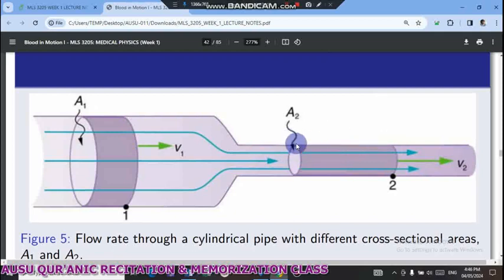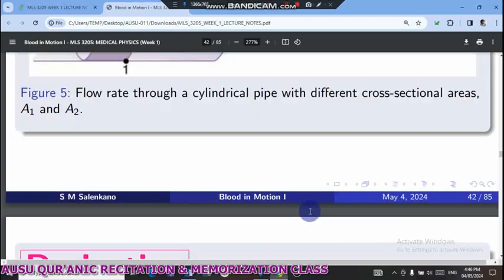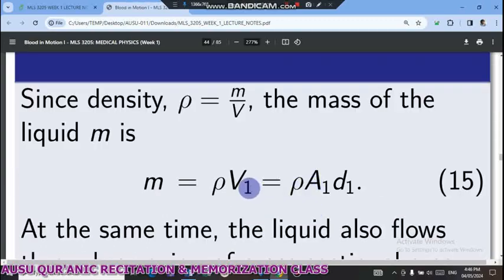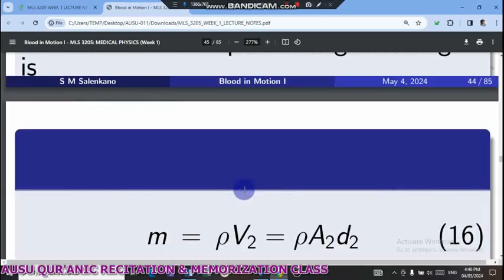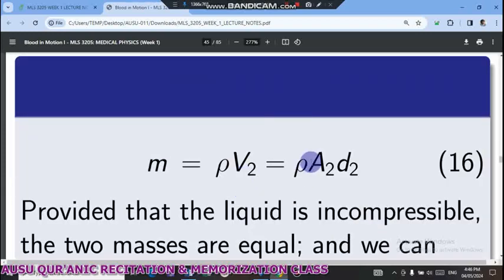So the height is just the new distance, let's call that distance d2. So the volume will be a2 d2, and this is why we have rho a2 d2.